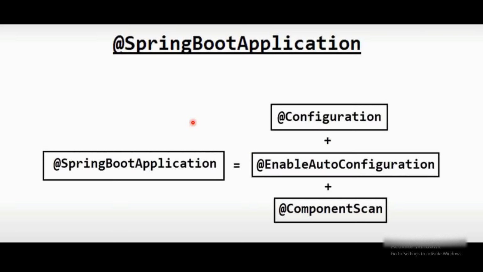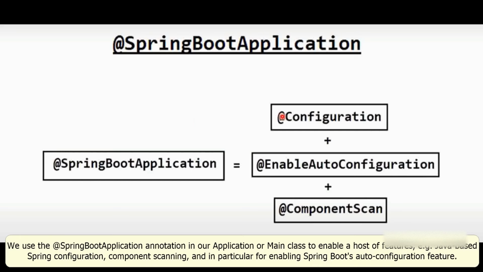The Springboot application annotation is nothing but a combination of three annotations. The first is @SpringBootConfiguration, then @EnableAutoConfiguration, and then @ComponentScan. Let's see individually the purpose of these annotations. The @SpringBootConfiguration is used to represent our Java class as a configuration class.